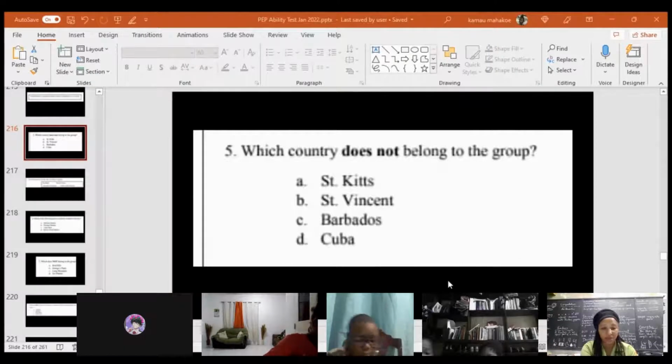Legende says Barbados. Madison says, I don't know. You don't know why you chose St. Kitts? What is different about, well, they're all, Barbados or Cuba? Miss, I say Cuba. I don't know, it just feels right.